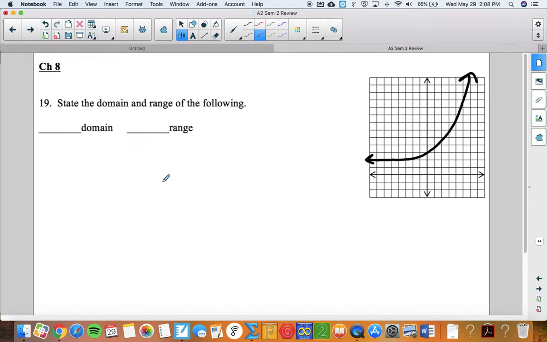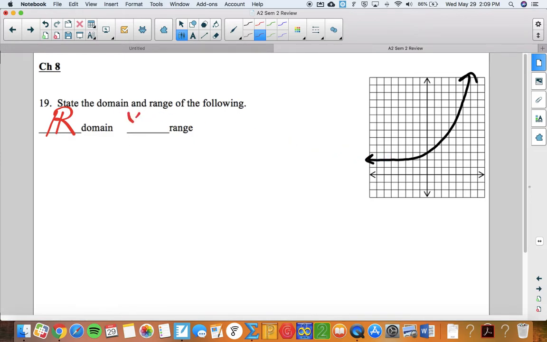Chapter 8, state the domain and range. So the domain is all the x values, and it looks like it's going left and right forever and ever. So that's all real numbers. The range, though, see how it's really tapering off here, folks? It's really sitting on that line. It doesn't actually touch that line. The asymptote will be right next to the line, but the pen was thick. So the range doesn't actually get to 2.